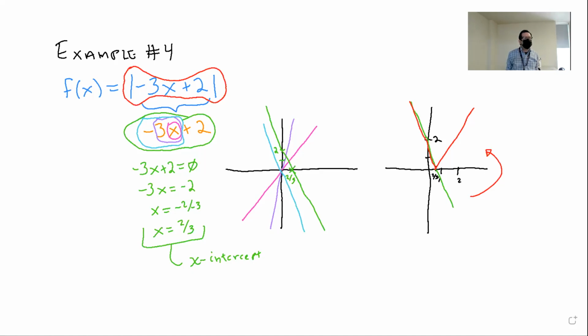So we don't need the other part, just the positive 2. Well, I don't know if you can do that. So you can skip the first part, the negative 3x, and then just take the positive 2. That's your y. Yes, correct.